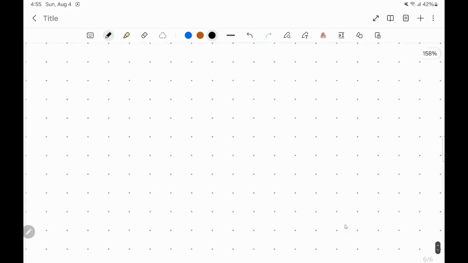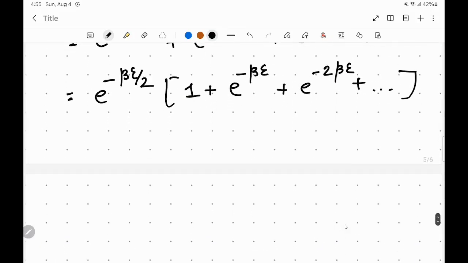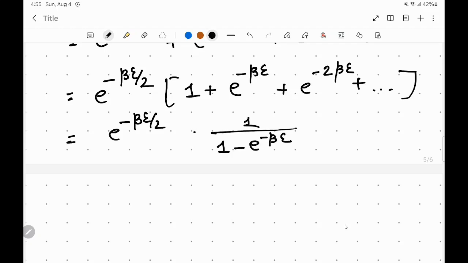This part we have already done and we know it. So what is the value? 1 by 1 minus e to the minus beta epsilon. So this is the actual value considering the zero point energy. Without considering the zero point energy, this numerator was 1. But if you consider the zero point energy, the numerator will be e to the power minus beta epsilon by 2. This is the change.